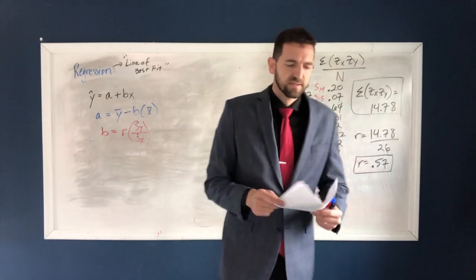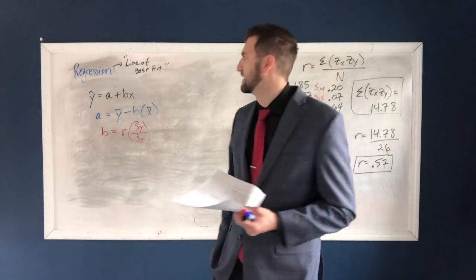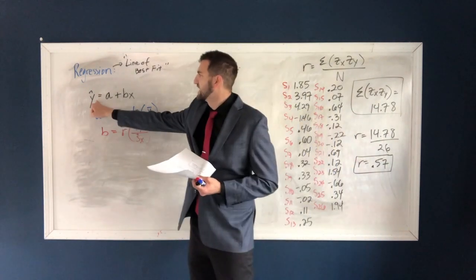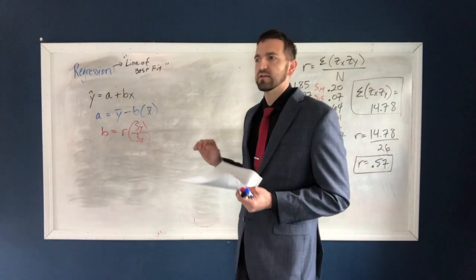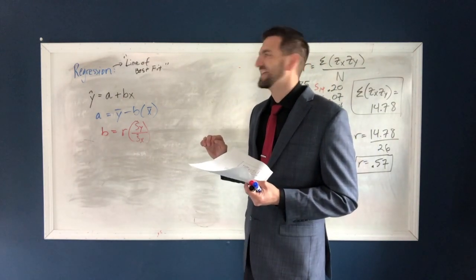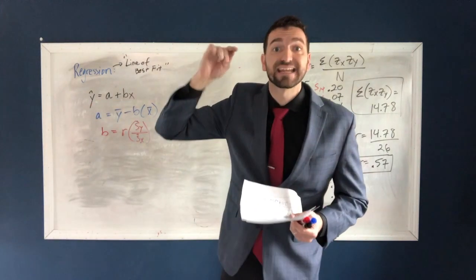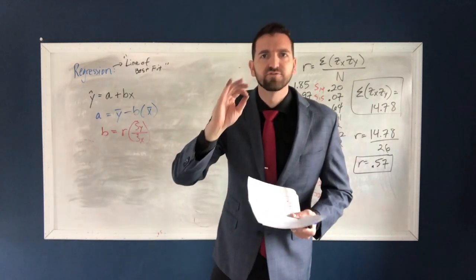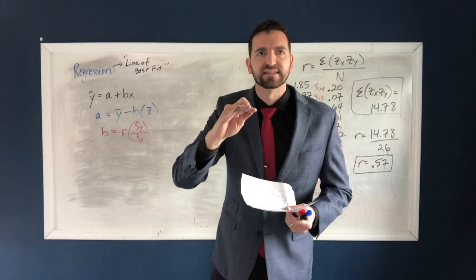One really important thing about regression is found in this equation. You see how this y has a hat? What it's saying is we're predicting, so that hat means predicted y. It means we're predicting values of y from actual values of x.